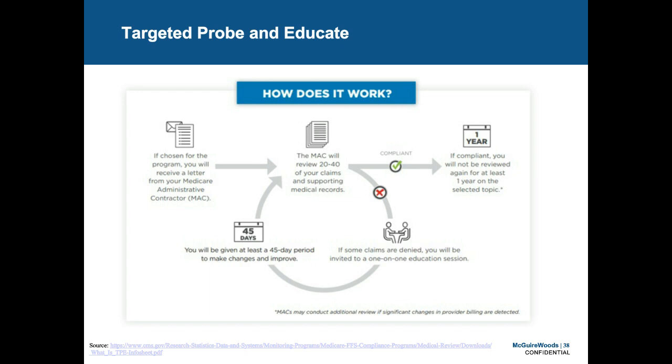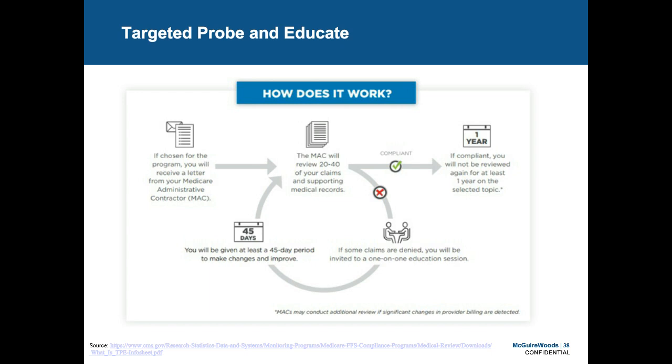If there are denials, the MAC will invite the provider to a one-on-one education session on the reasons for the denial, and the provider is given a 45-day period to make changes and improve. This can go through several rounds. In most cases, according to CMS, providers that have gone through one round of targeted probe and educate have improved the accuracy of their claims and gotten off of this prepayment review.